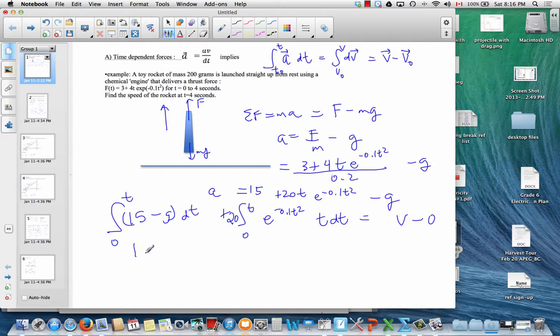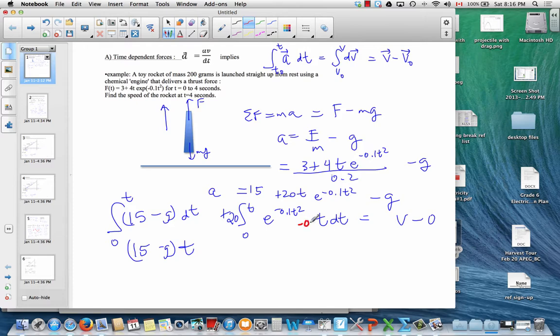So this integral is just dead easy. This is just (15 minus g) times t, minus the lower limit of 0, or just (15 minus g) times t. This side we're going to have to work a little bit more. But really, it's set up for an e^u du, because if you call this thing u, then its derivative is minus 0.2t.